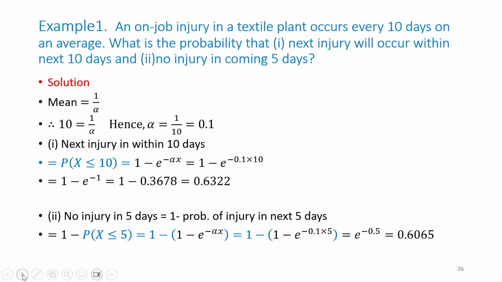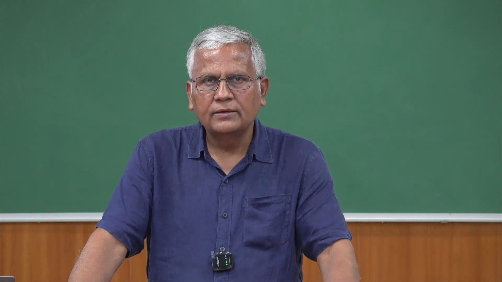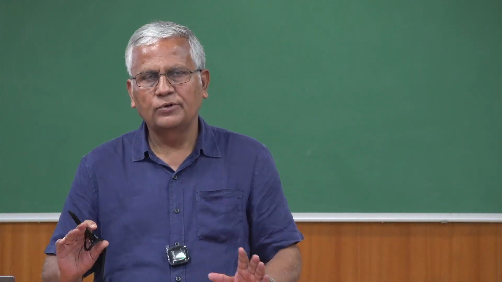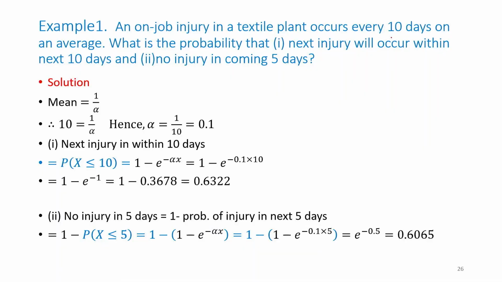Let us say there is a weaving shed where we have 100 looms, and on an average, if we collect data throughout the year, on every 10 days there is going to be some injury to the workers. So what is the probability that the next injury will occur within the next 10 days? This is the first question.